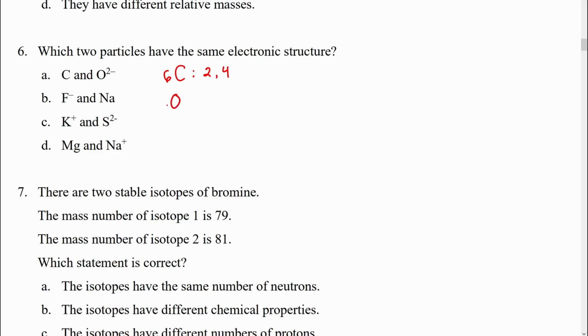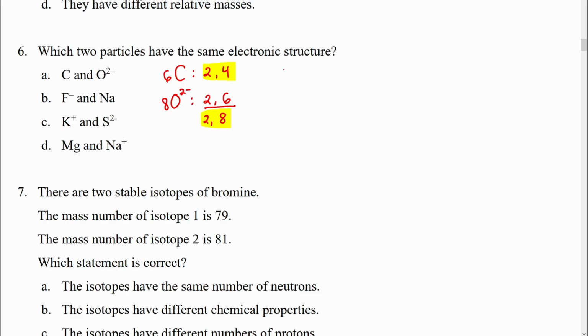While oxygen, the atomic number is 8, so 2, 6. But since it is 2 minus, or this is an oxygen ion, you receive 2 more electrons, then you become 2, 8. So this is the electronic structure of carbon and the oxygen ion. They are different, right? Carbon is 2, 4 while the oxygen ion is 2, 8.